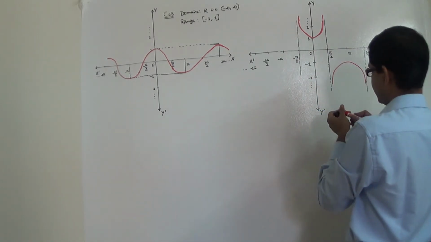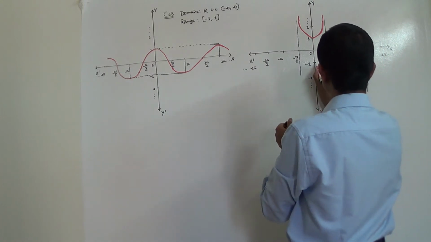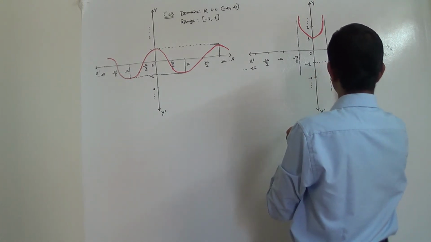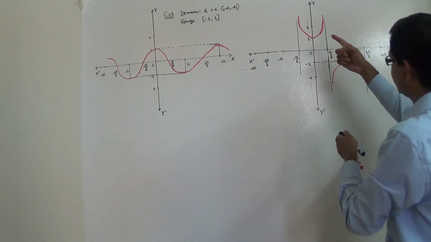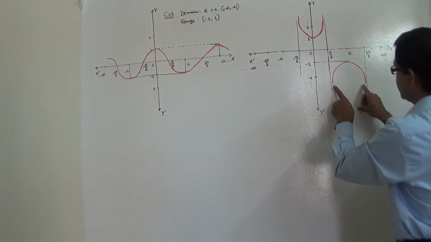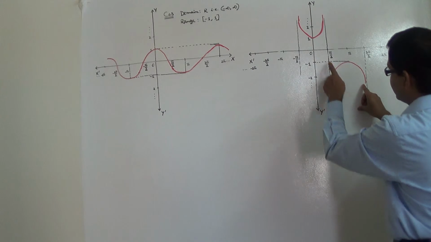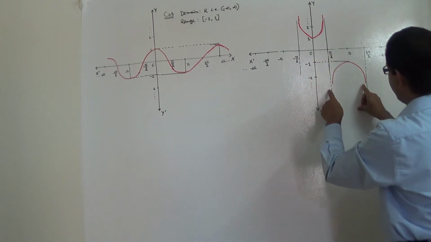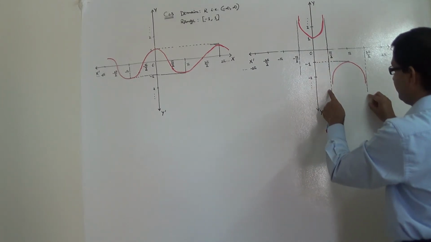It can attain the value minus 1 here. Minus 1 is this value, and again in the similar explanation, the curve cannot touch these lines x equal to pi by 2 and x equal to 3 pi by 2.